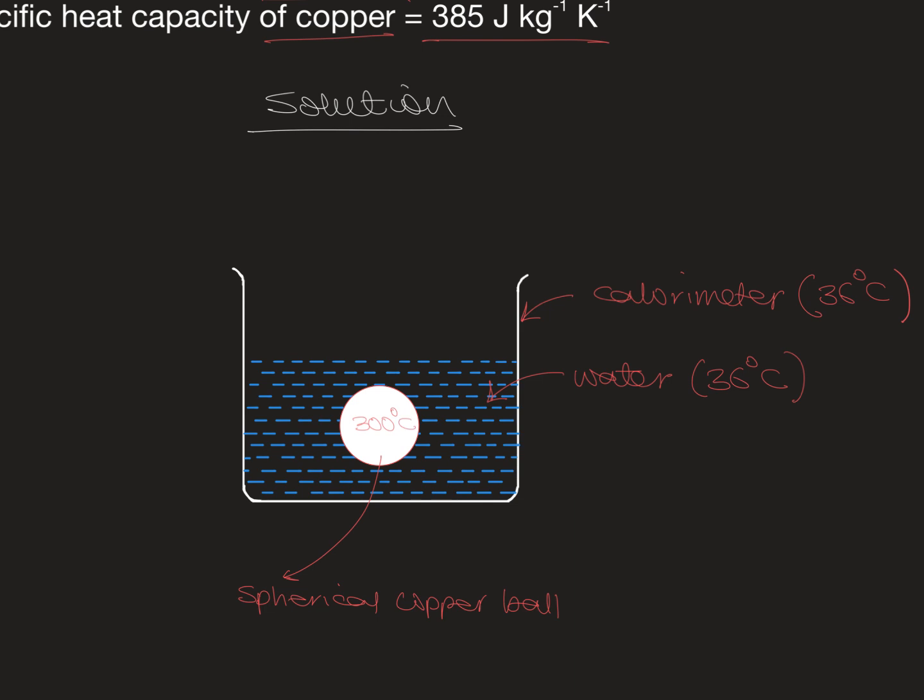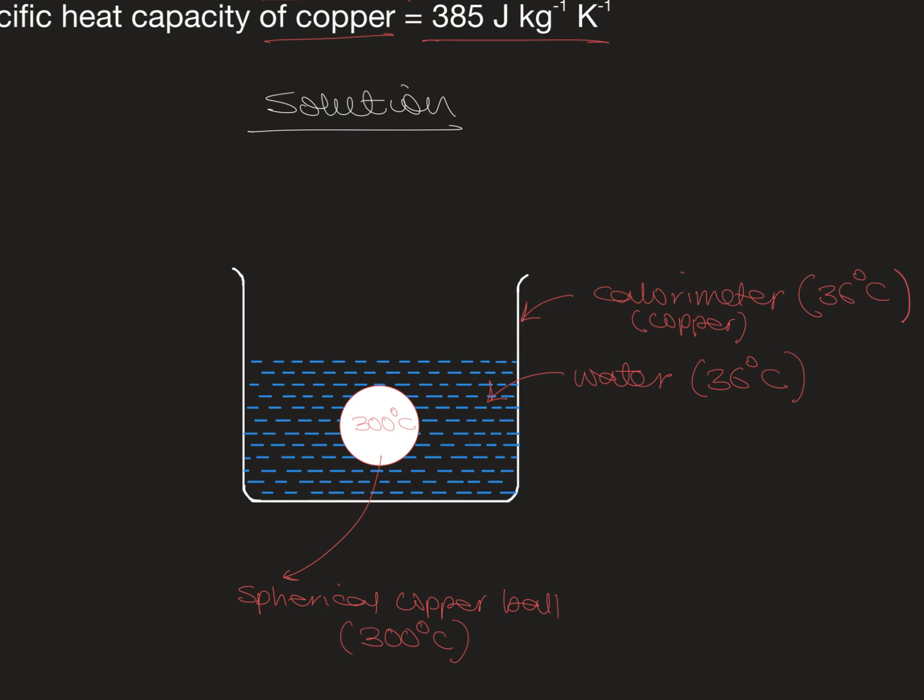We have also learned that the calorimeter is also made up of copper. What you have to understand about the concept that we are to use here is that we have a spherical copper ball at 300 degrees Celsius put into a calorimeter containing water. So the initial temperature of the calorimeter and water is 36 degrees Celsius, while the initial temperature of the spherical copper ball is 300 degrees Celsius.